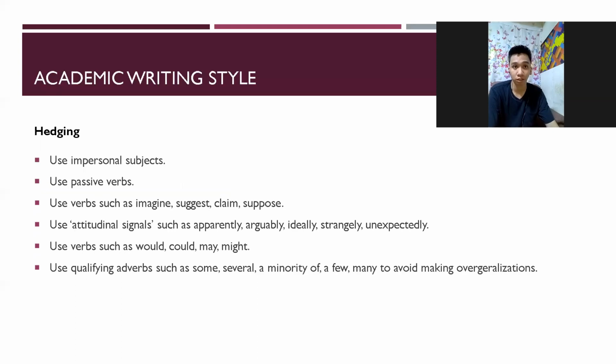Next is H for hedging. This is basically being cautious about what language and words you use. First is use impersonal subjects, as I mentioned earlier, like they or them. Then use verbs such as imagine, suggest, claim, or suppose. You use these words if your source is only a theory, not an established fact. Just be honest in a research paper.